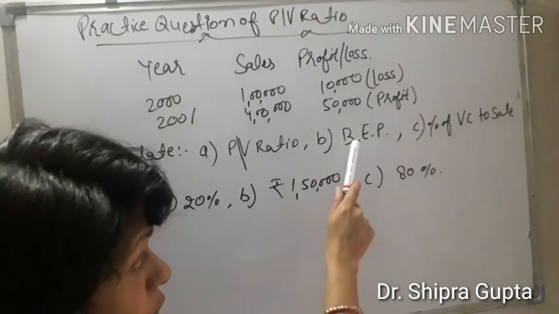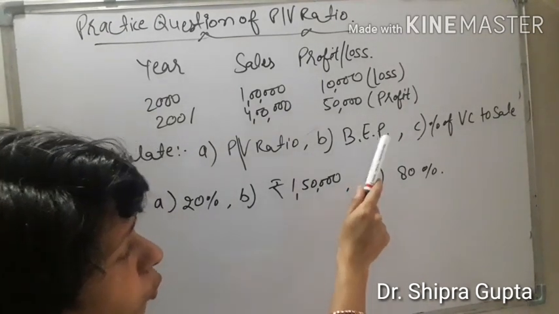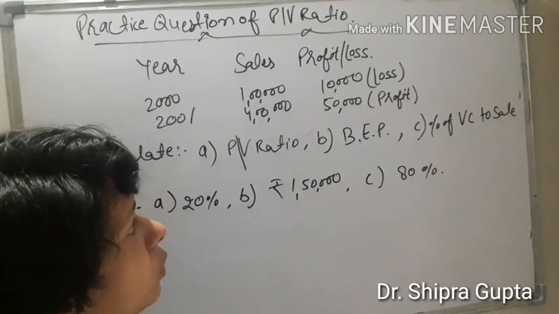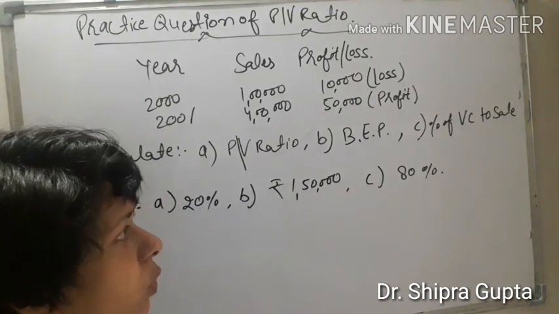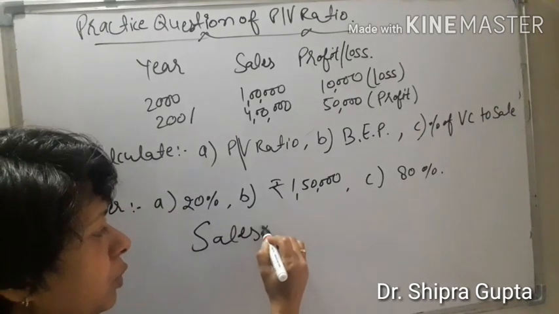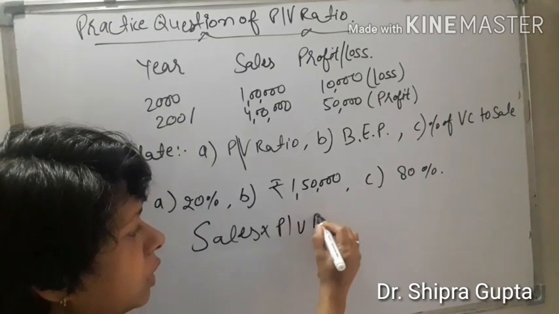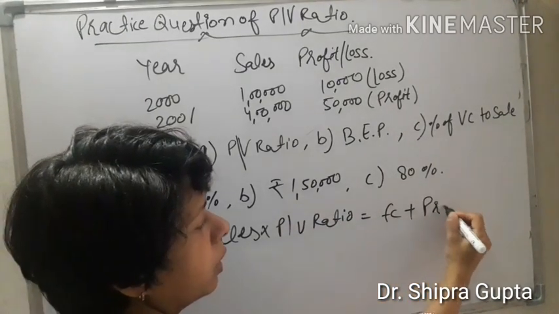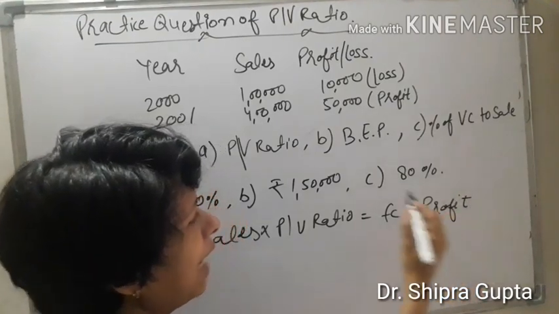And now you will calculate break even point, but for break even point you need fixed cost, and there is no fixed cost given. So first you will calculate fixed cost, and the formula is sales into PV ratio equal to fixed cost plus profit. By the help of this formula you will calculate fixed cost.